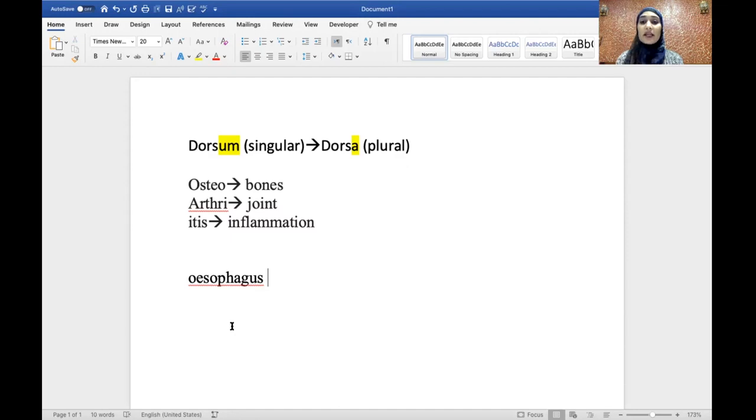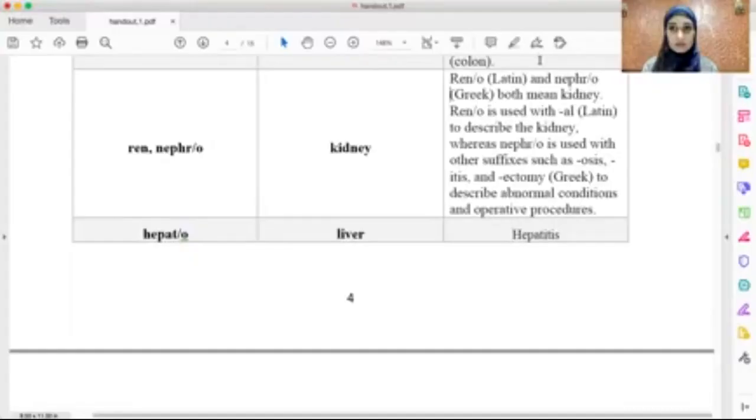Ren is a Latin word, and nephro is the Greek one. They both refer to the kidney in medical terminology, all right? But the ren comes with the AL: renal.